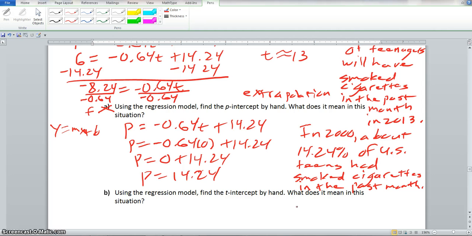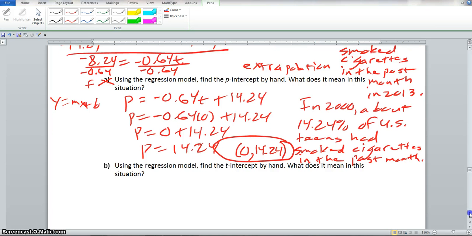Okay, now we move on. But actually, before we do, we need to write this also as an ordered pair. So it'll be 0, 14.24. So this would be the final answer as far as the p-intercept, and this would be the meaning of what the 14.24 means.